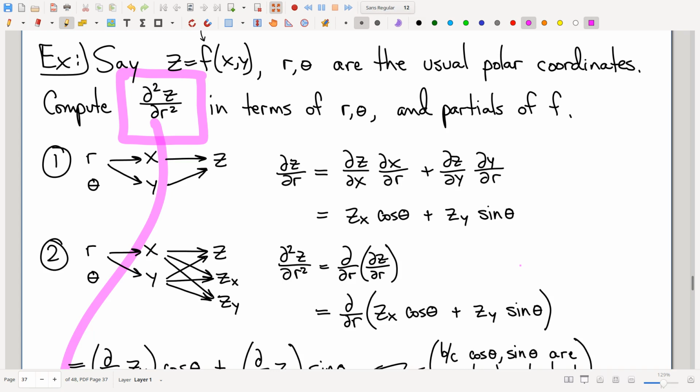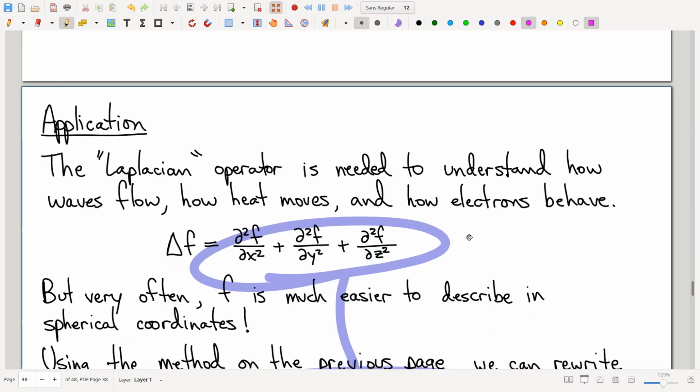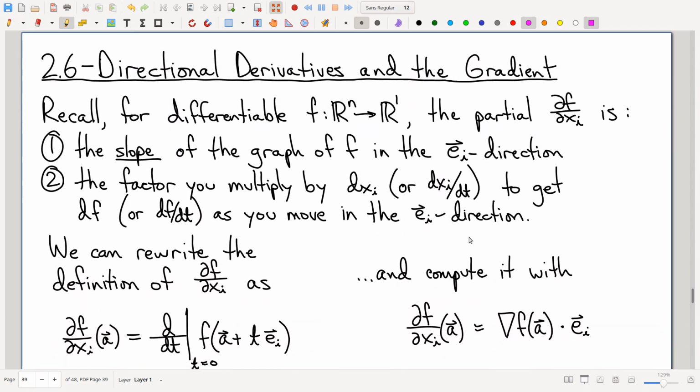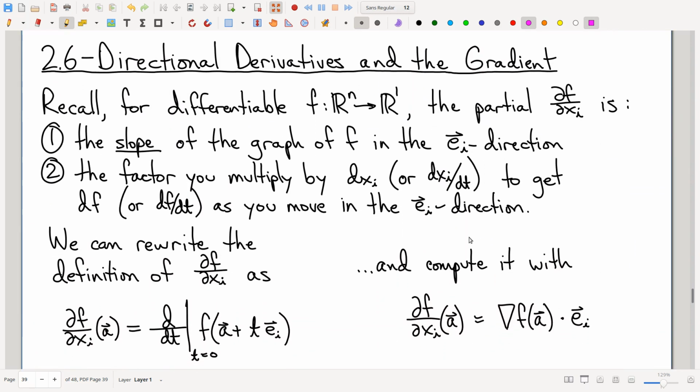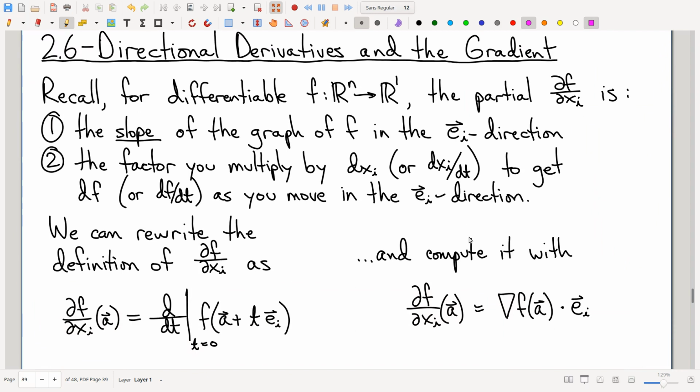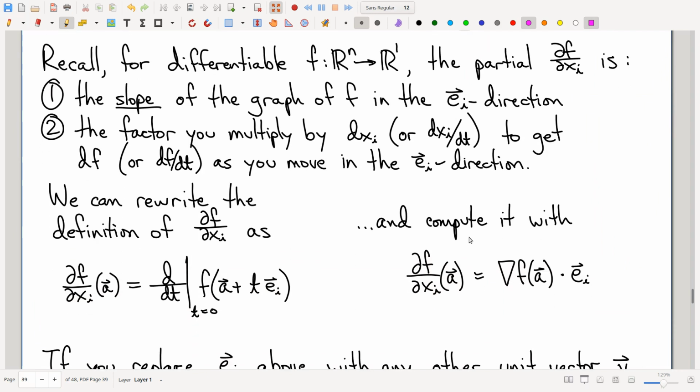Okay. Moving along. So section 2.6. Let me start with a quick review of some stuff that you already know. This is just kind of summarizing what we know about partial derivatives.